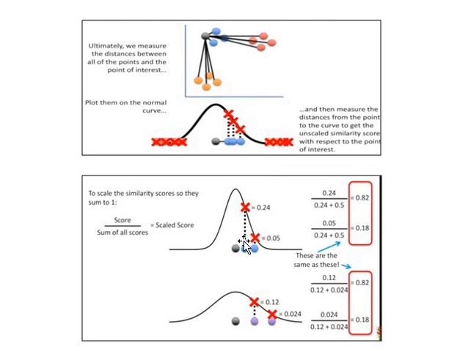The probability for the middle data point is 0.24, and for this other blue data point it is 0.05. So we calculate 0.24 upon 0.24 plus 0.05. Similarly, for this other blue data point, it is 0.05 upon the addition of these two. Like this we calculate similarity probability using the Gaussian curve.